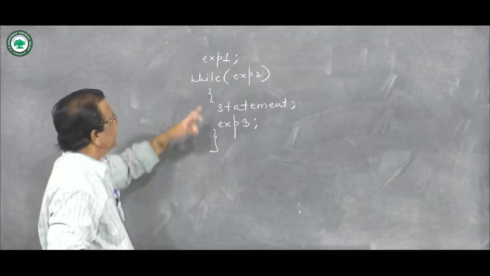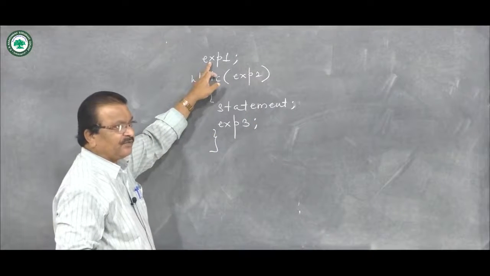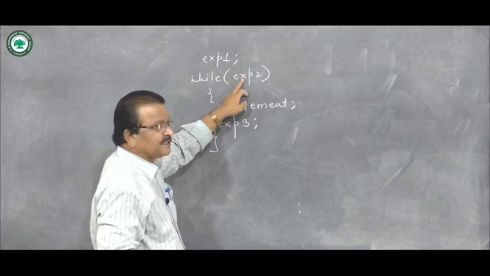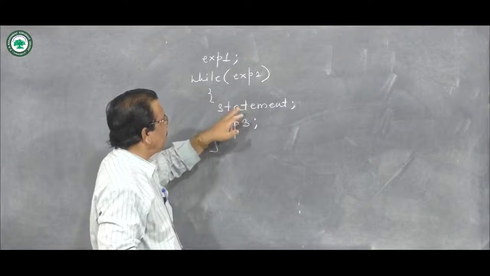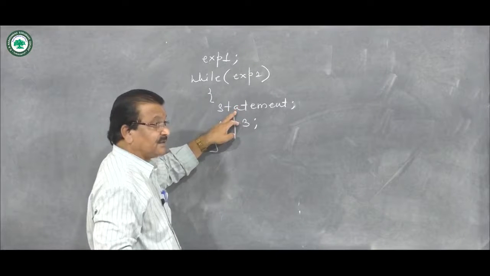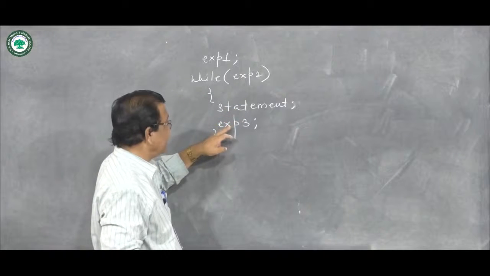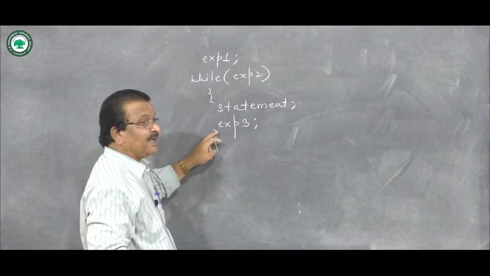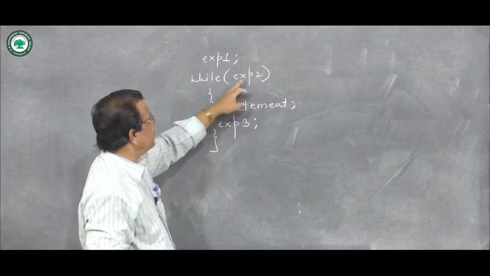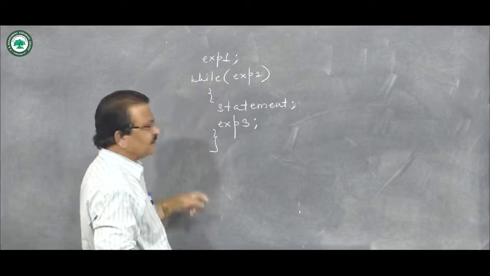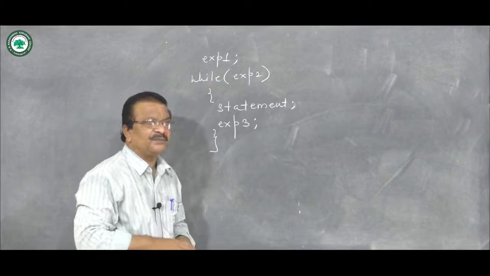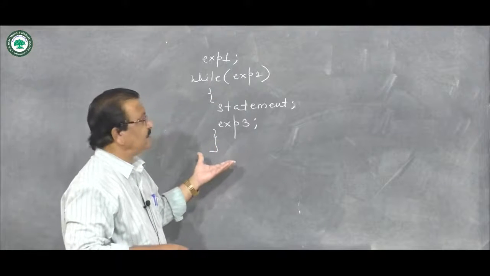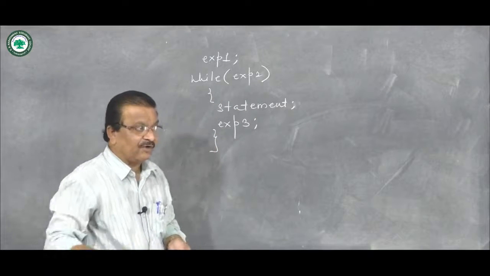Expression 1 is evaluated first, then expression 2. So long as expression 2 is true, the statement is executed, followed by incrementing or decrementing the value of that variable by expression 3. As soon as expression 2 becomes false, the loop is terminated and control comes out of the loop. So this is the equivalent while statement for a for loop.